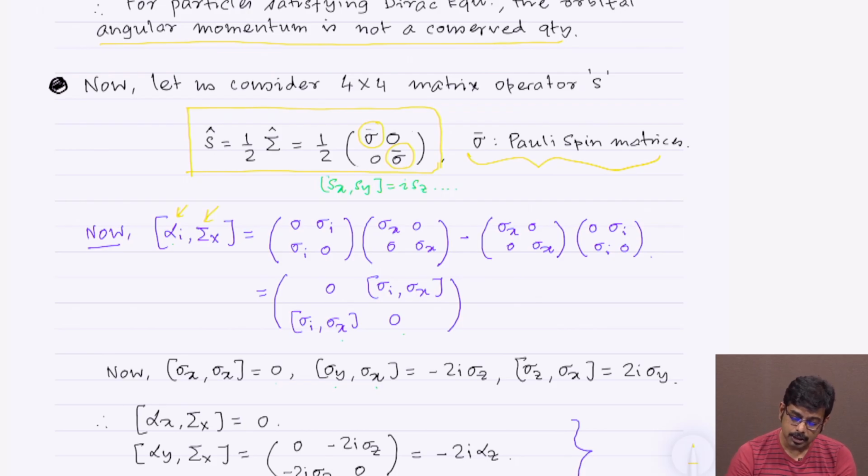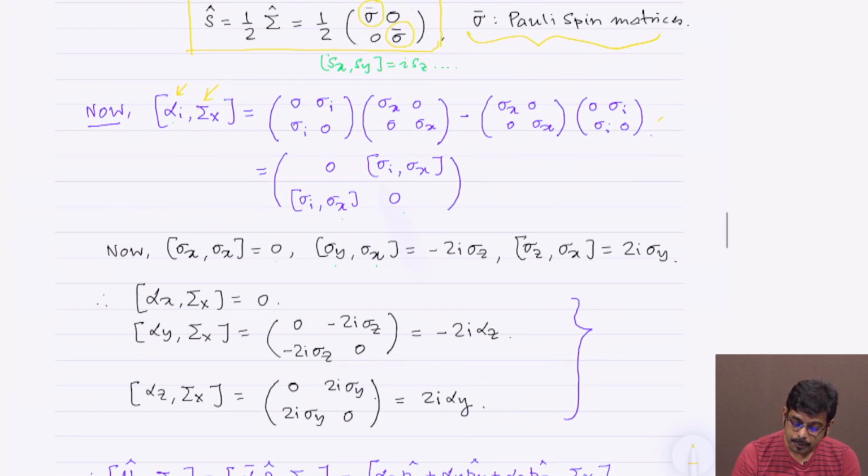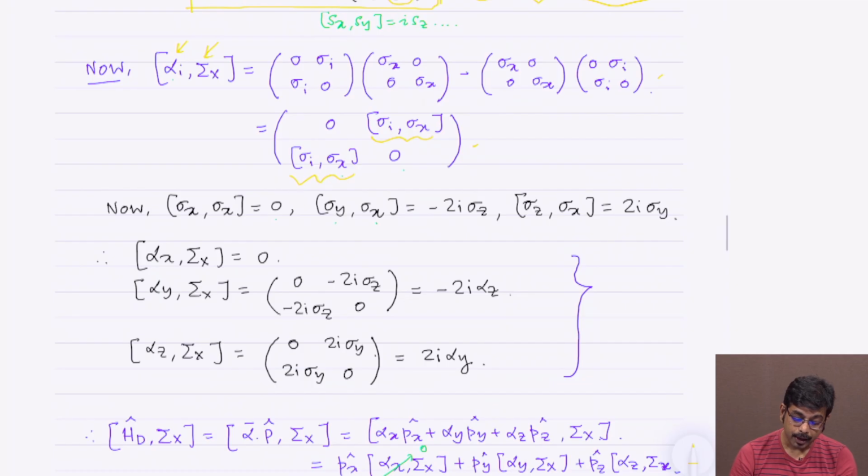So, the commutation relation is simple: 0 sigma_i, sigma_i 0 multiplied with sigma_x 0, 0 sigma_x, minus the other way around, sigma_x 0, 0 sigma_x into 0 sigma_i, sigma_i 0. Now, this turns out to be simply a matrix with the commutator of sigma_i and sigma_x sitting in the off diagonal positions and 0 elsewhere. This is very evident from this algebra.